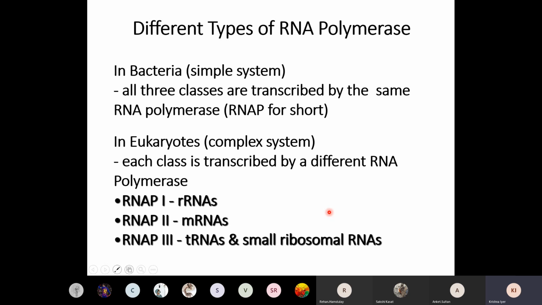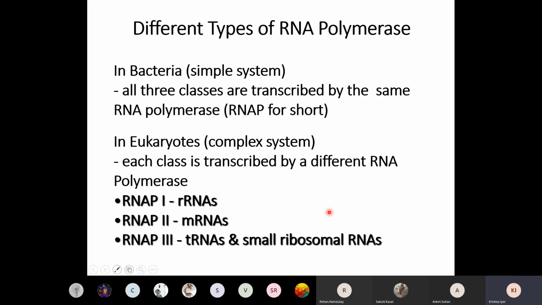Okay, so there are at least 3 RNA polymerases. RNA polymerase 1 is involved in making ribosomal RNAs. RNA polymerase 2 is involved in the synthesis of messenger RNA, which eventually will be translated to give you proteins.